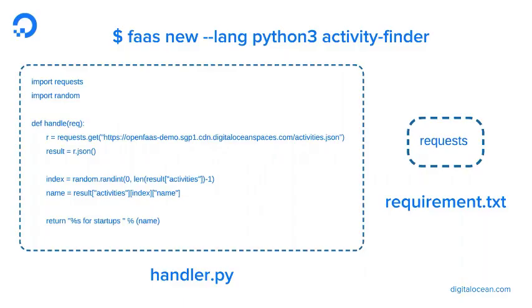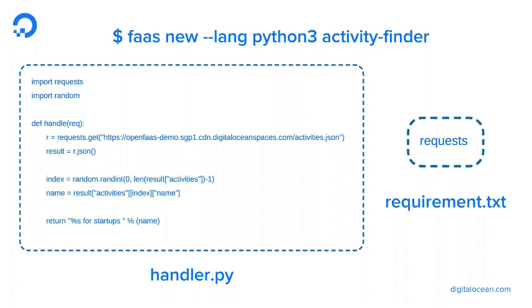Once we have deployed the OpenFaaS framework into Kubernetes and installed the CLI, the FaaS CLI provides a capability to create a new function: faas new, with language python3, and activity-finder is a simple function which I am trying to create. Make a note of the Python 3 language I am using here. That is nothing but a template it provides.